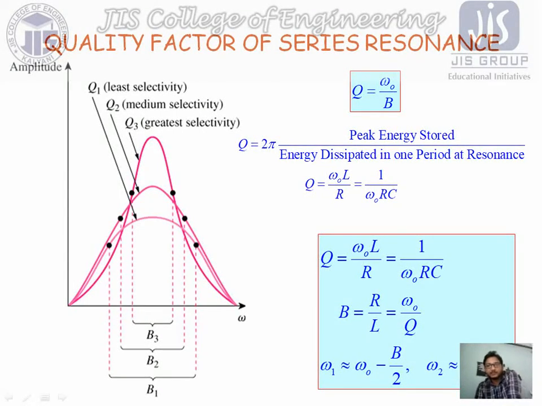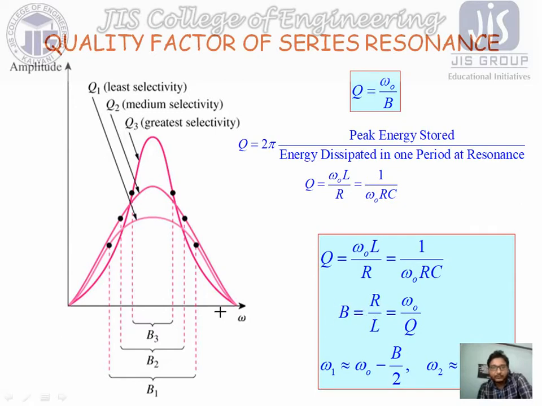In this graph, the quality factor that we previously got was in the form of omega 0 into L by R. And similarly, another form of quality factor is omega 0 divided by B, where B is nothing but the bandwidth.